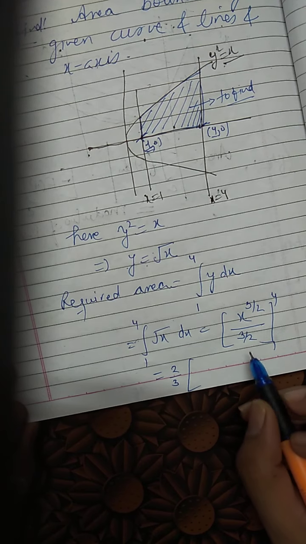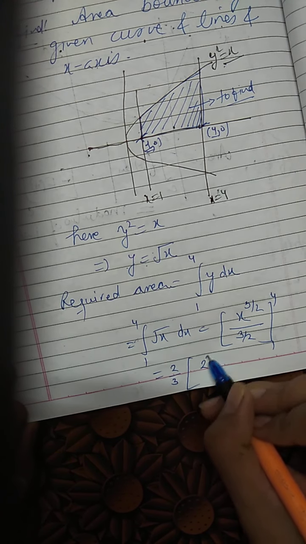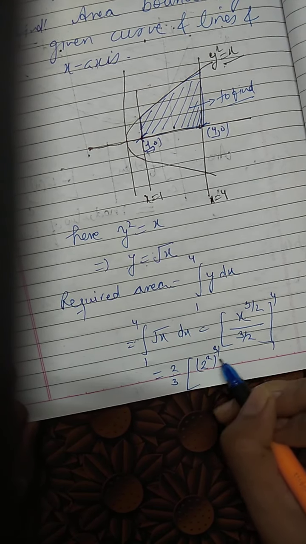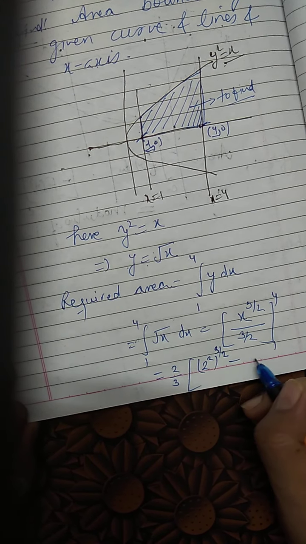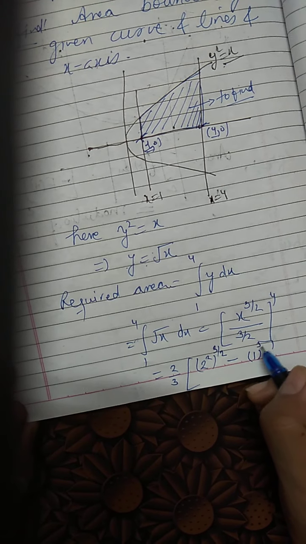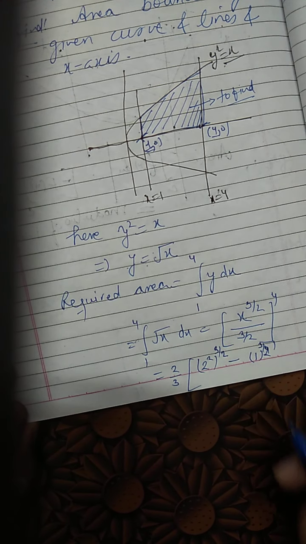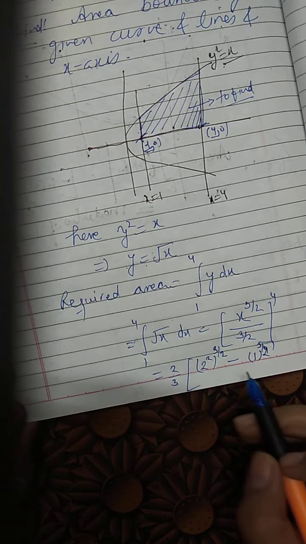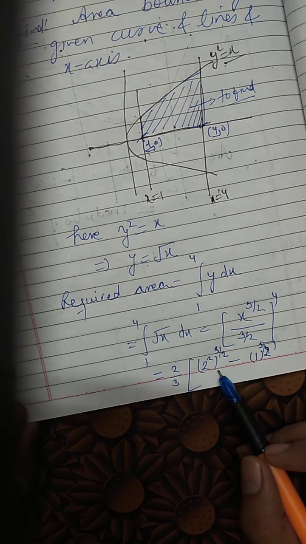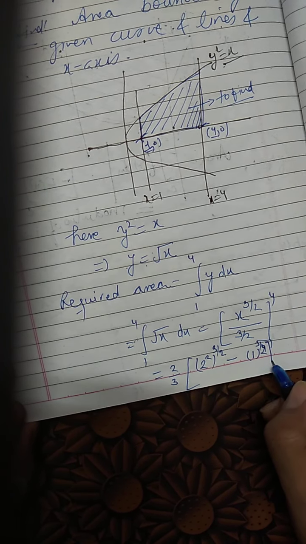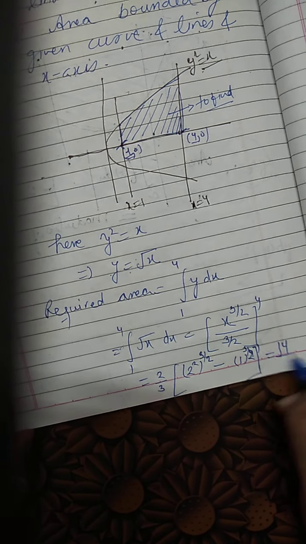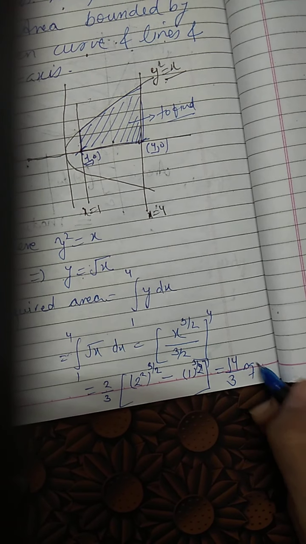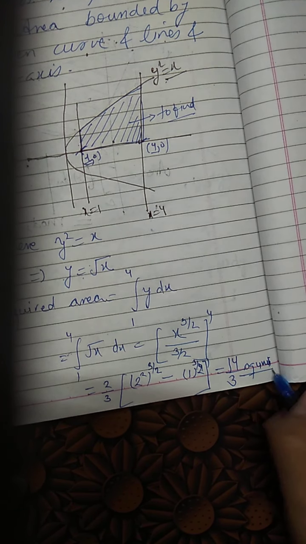When we put 4, it is 4 raised to power 3 by 2, minus 1 raised to power 3 by 2. 4 to the power 3 by 2 is 2 cubed, which becomes 8. 8 minus 1 is 7, and 7 into 2 is 14. So 14 divided by 3 square units will be our answer.